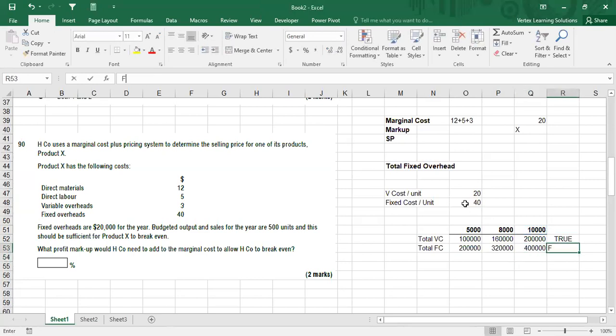Now that is false, because your fixed costs are not increasing. We said it is fixed cost, but it is not fixed here. So you should never do fixed cost per unit in your calculation. You should say my fixed cost is $20,000 or whatever, and then just copy it across. Fixed cost is never included in your per unit calculation. Am I clear now?